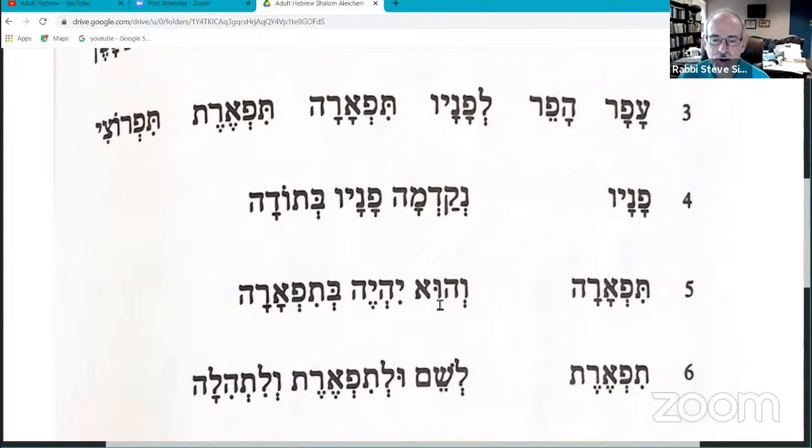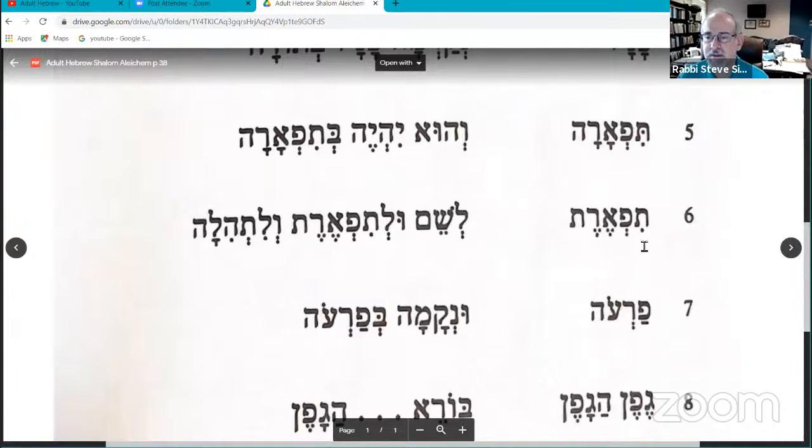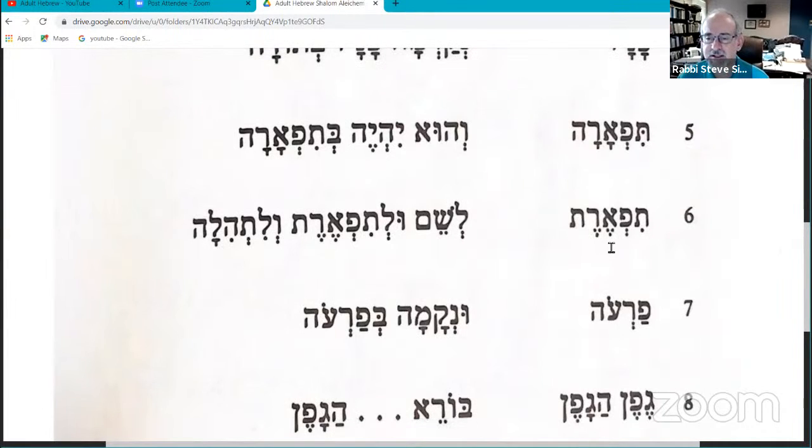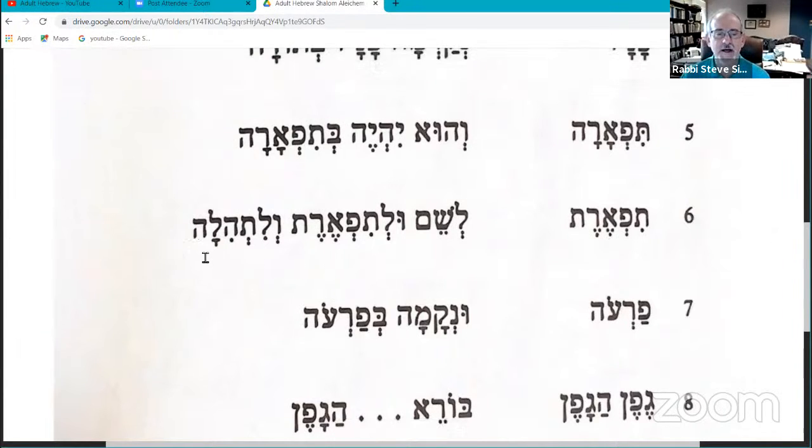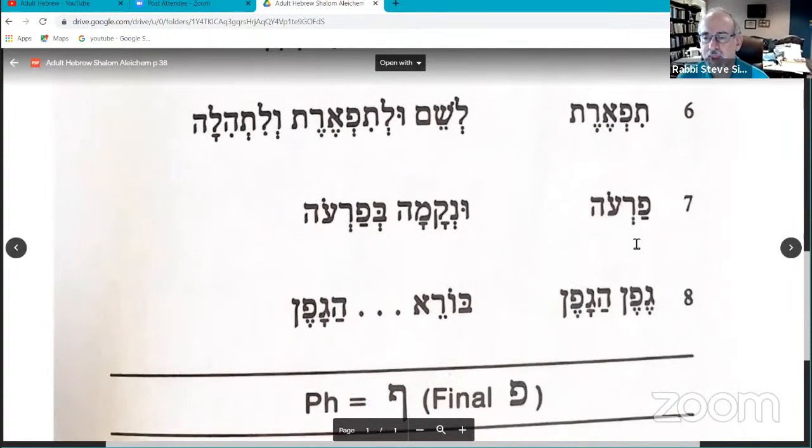This vav has the u vowel, therefore it's an u, v'hu, v'hu yeh, v'tif ara. Line number 6. Tif eret, Tif eret, l'shem ul tif eret, valit hila, valit hila. Line number 7.